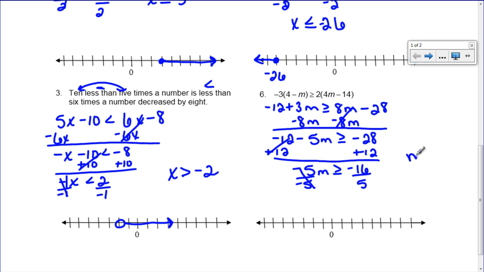And so I'm going to flip my symbol to face the other direction, and this negative and this negative cancel each other out and just make 16/5. And if I divide that out, 16 divided by 5 is going to become 3.2. So we'll change that. It's a decent decimal I can deal with. So it becomes less than or equal to 3.2. So 1, 2, 3. 3.2 is a little past that, and I get to color in my circle. And less than, my arrow points to the left.